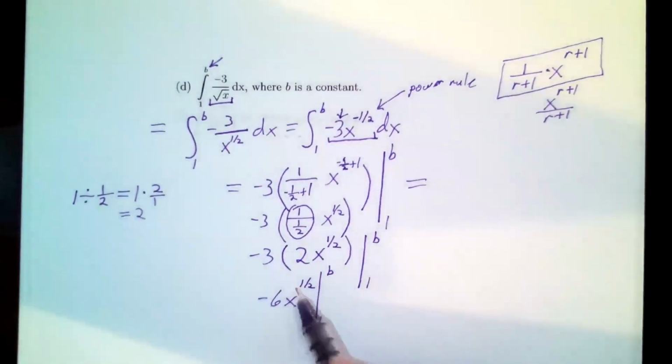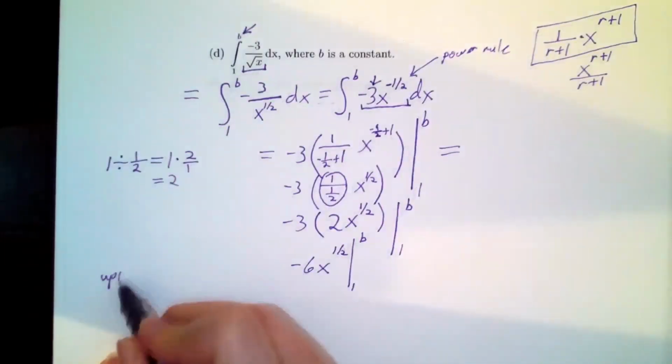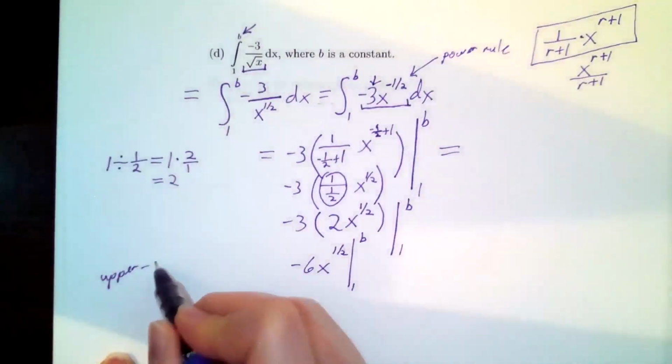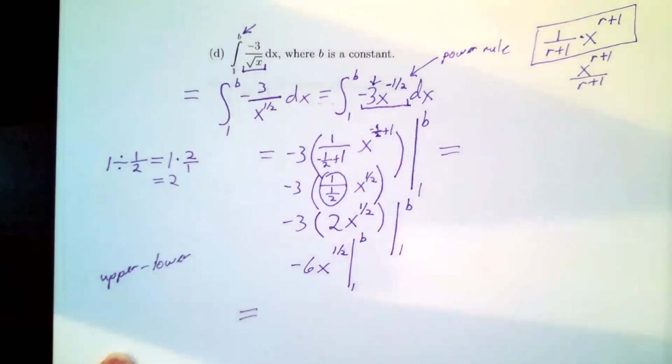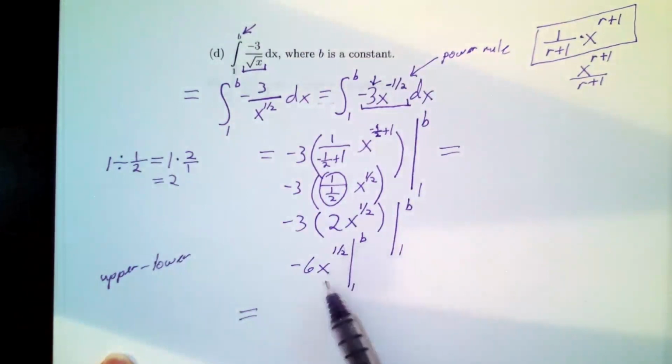And this is my integral, my function, big F. But instead of putting a plus C on it and calling it done, this is where now I'm going to start plugging in numbers. So the first thing you do, remember, is plug in the upper number and subtract what you get when you plug in the lower number. So we're going to take the upper number, b, and plug it in for x.